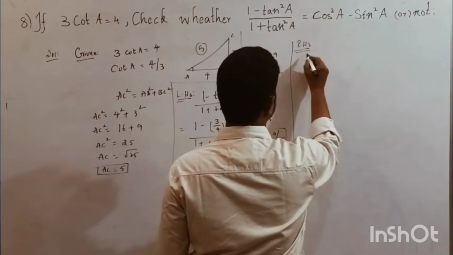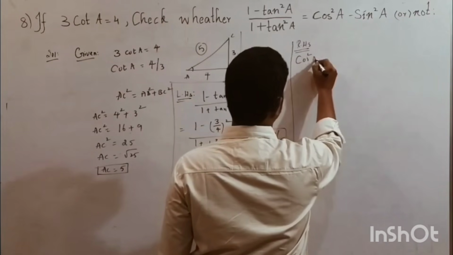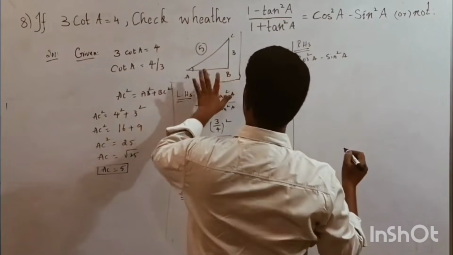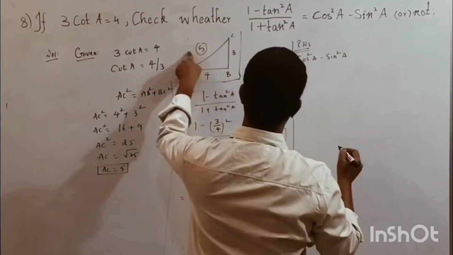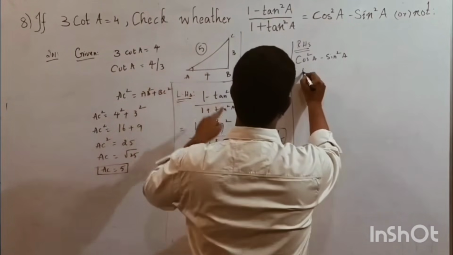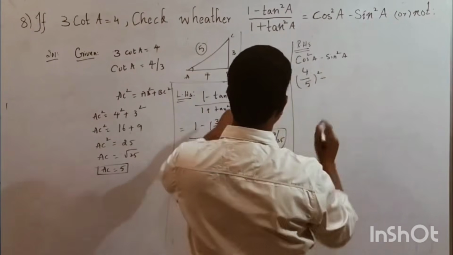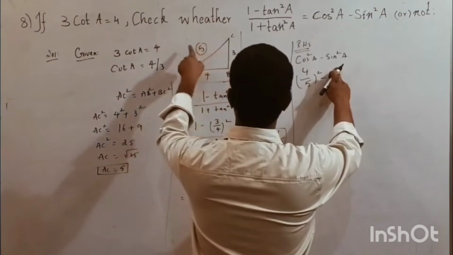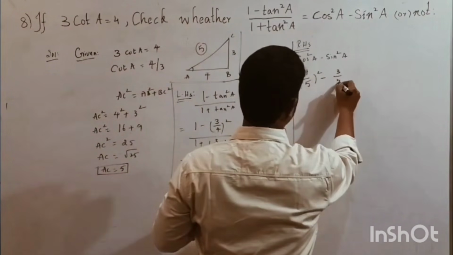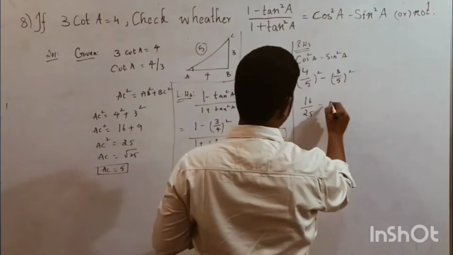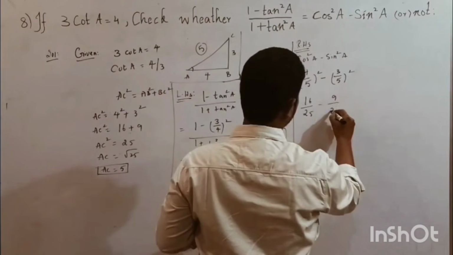RHS is equal to cos square A minus sin square A. What is cos square A? Adjacent by hypotenuse, that is 4 by 5 whole square. What is sin? Opposite by hypotenuse, that is 3 by 5 whole square. That equals 16 by 25 minus 9 by 25.